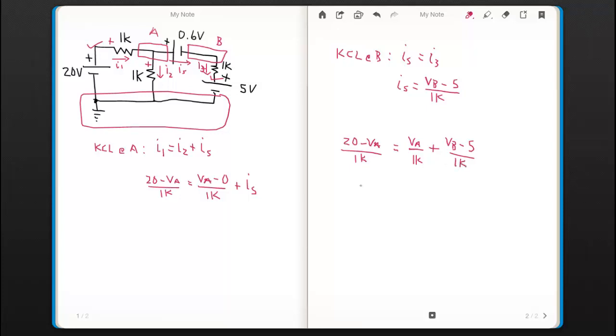So you can see now that we have one equation in terms of voltage, but there are two unknowns.